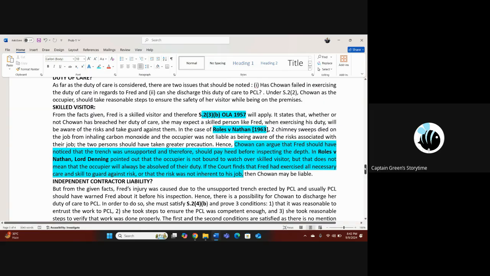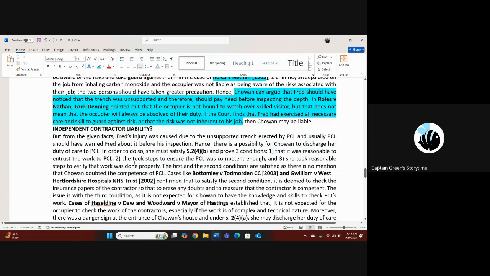However, coming towards independent contractor liability, from the facts, it is clear that PCL was in charge of that place now. So there will be three steps in order to prove the liability of PCL in order to discharge the liability of Chauhan. Number one, that it is reasonable to entrust the work, whether it was reasonable to give work to PCL or not. Whether Chauhan did take any steps to ensure that PCL was a competent company or not, and whether she took reasonable steps to verify that the work was done properly or not.